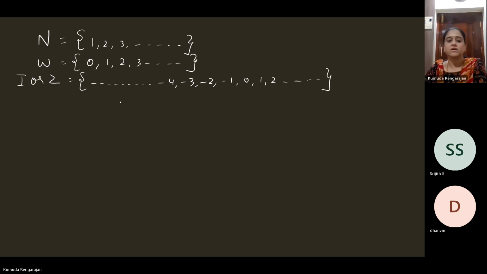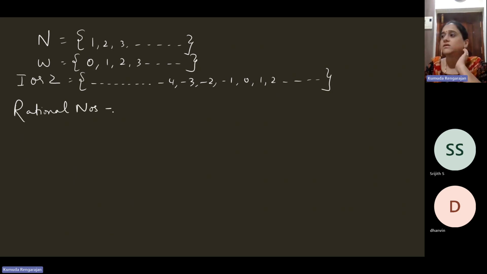Now coming to rational numbers. Rational numbers are numbers that can be expressed in the P by Q form. Before I tell you the definition, let's understand what it is.